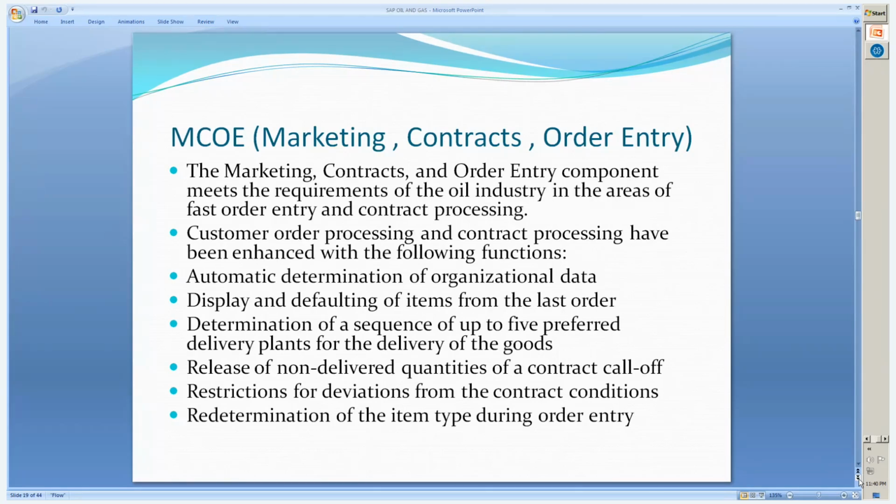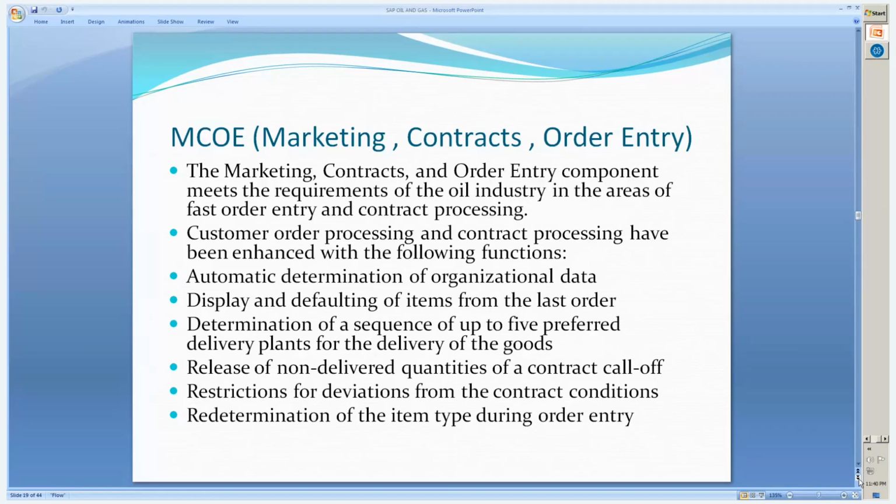That means it will try to find out which particular terminal has sufficient quantity to meet the complete quantity of the order. So it can search sequentially based on certain criteria and then select the most preferred delivery plant for the delivery.